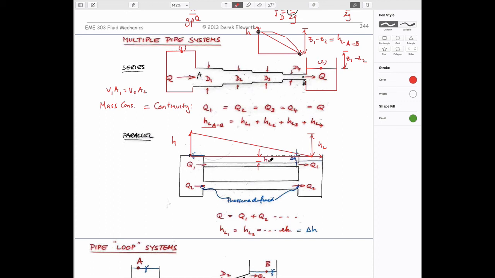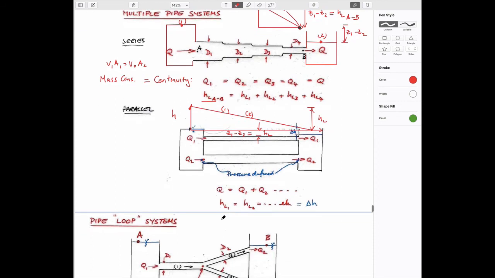The head loss is just going to be the difference between Z1 and Z2, just as before. And so if we go through pipe number 1 or pipe number 2, the head loss will look exactly the same because it has to begin and end up at these 2 points, and it can only be the same.